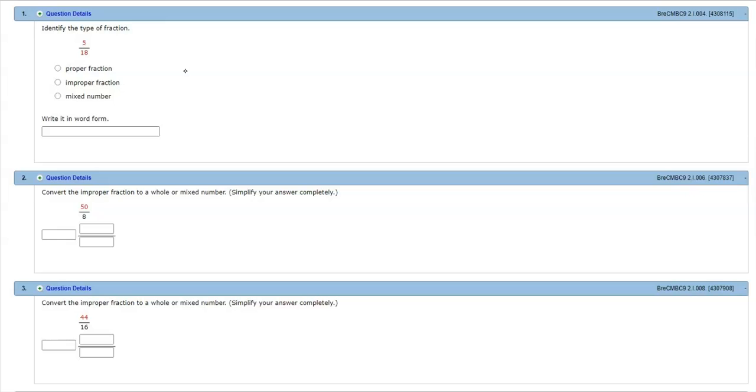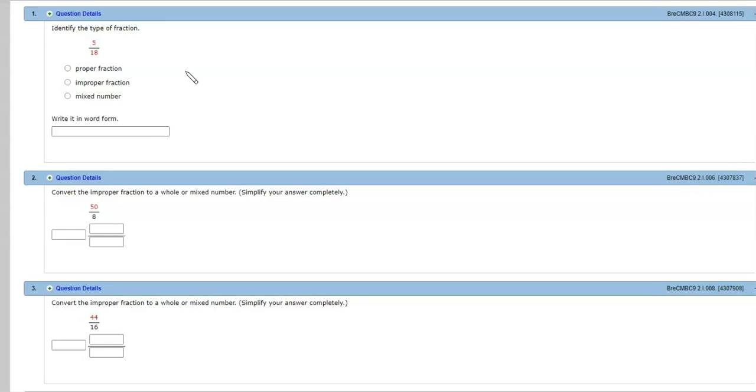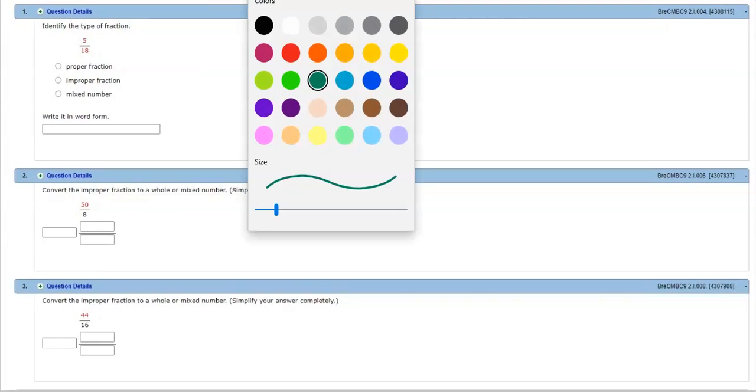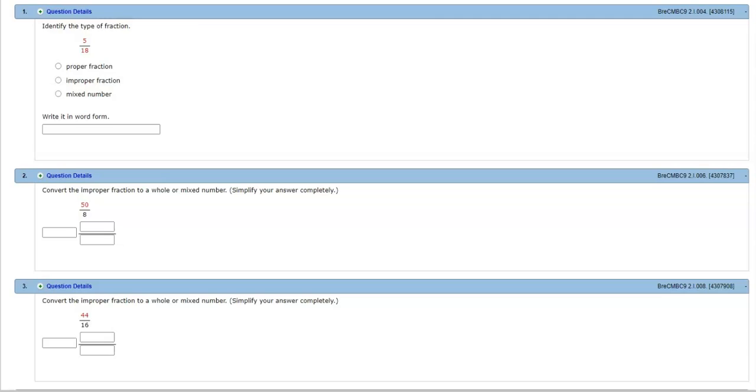Right at the beginning here, we just want to define some of these types of fractions that we can have. We have a proper fraction, where a fraction has a numerator on top and a denominator on bottom. A proper fraction just means that the numerator is less than the denominator.